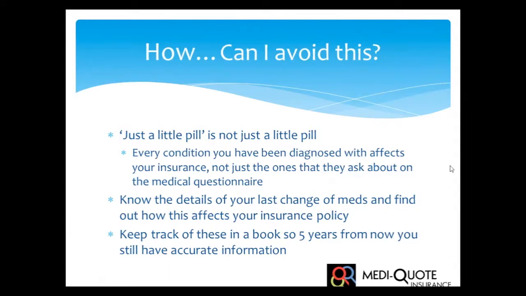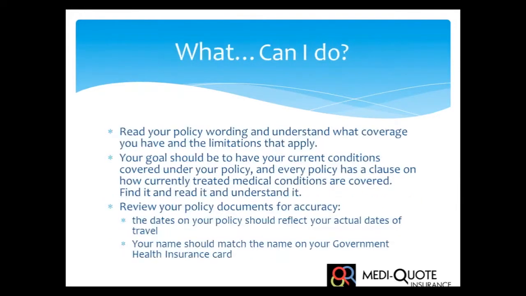So what can you do to make sure that you aren't affected by these type of problems that result in these type of issues that we are looking at here? So the first and foremost thing is that you must read your policy and understand what coverage you have purchased.